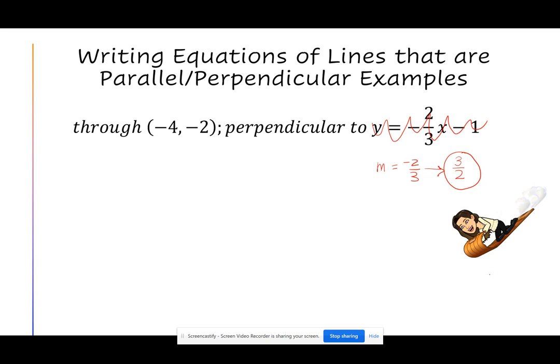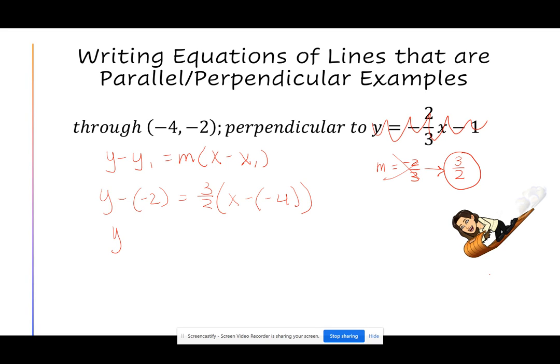So I'm going to use my slope and this point, and I'm going to use point-slope form this time. So y minus y1 equals m times x minus x1. So we have y minus -2 equals this 3 over 2 slope. So you're using that new slope, not the one you got from the equation. X minus x1.